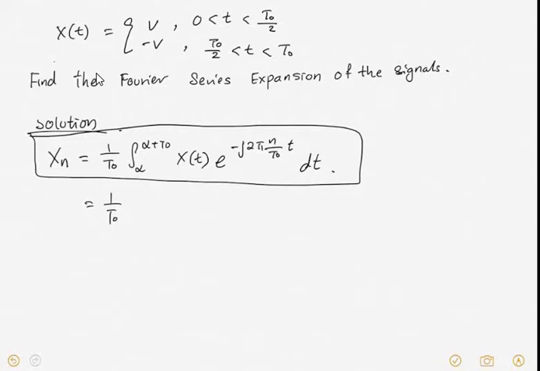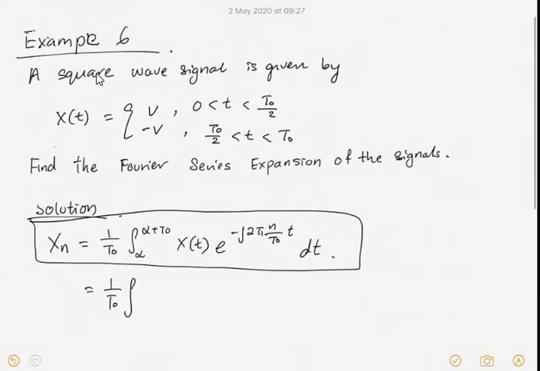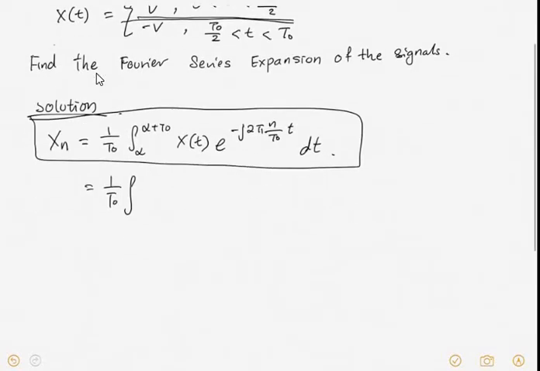Okay, x(t) in this example, if you look at here, x(t) is V from 0 to T naught over 2. So from 0 to T naught over 2, the amplitude is V, and then you copy back the exponential part. I just want to let you know that omega naught is equal to 2 pi over T naught.